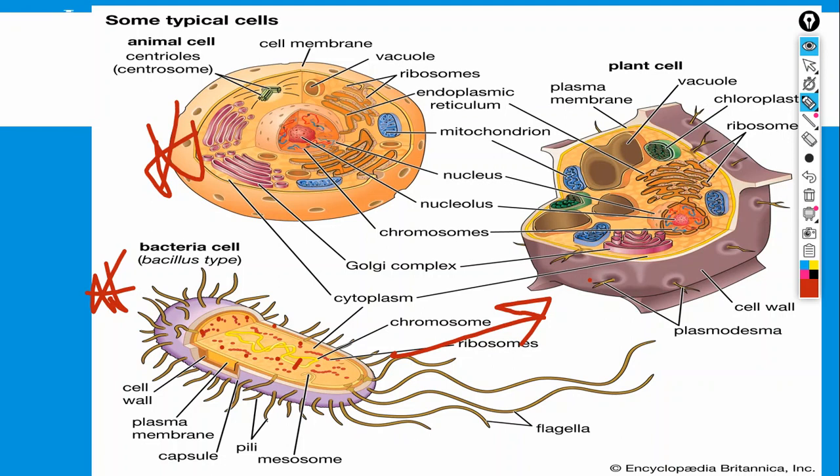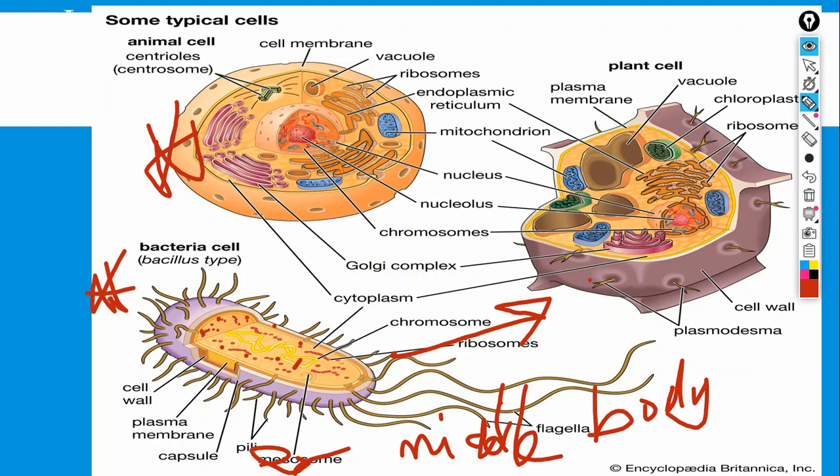But they also have a mesosome. Mesosome simply means meso means middle, or midway, just mid. Some means body, or soma as I discussed the other time. So it means a body that is growing inward, growing in the middle. Right.